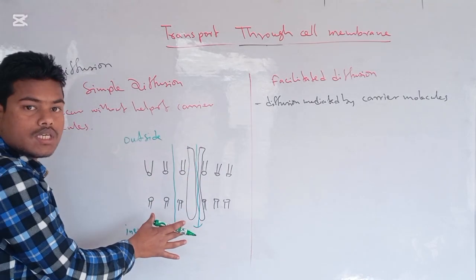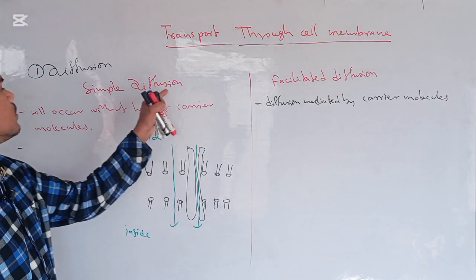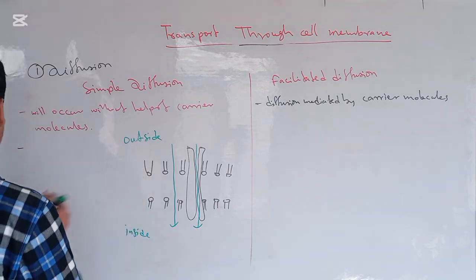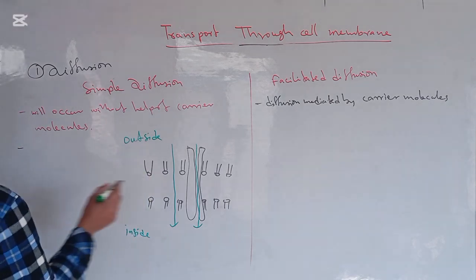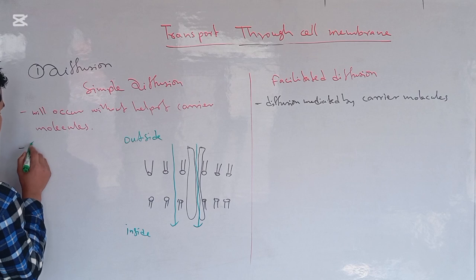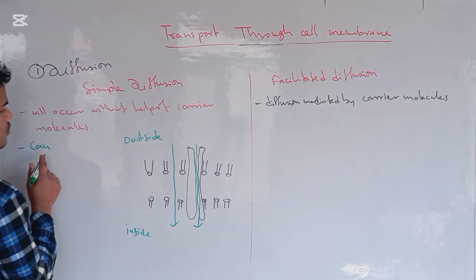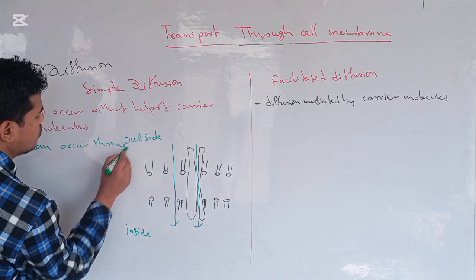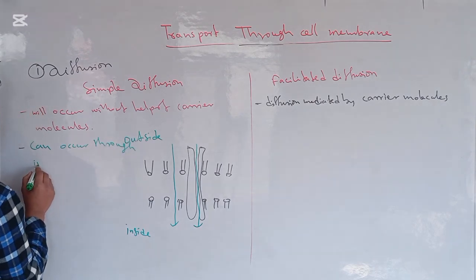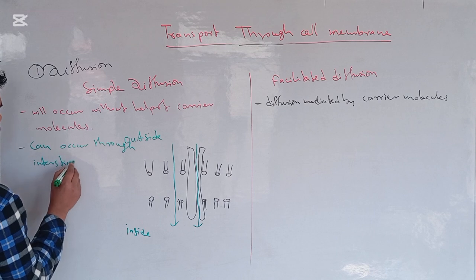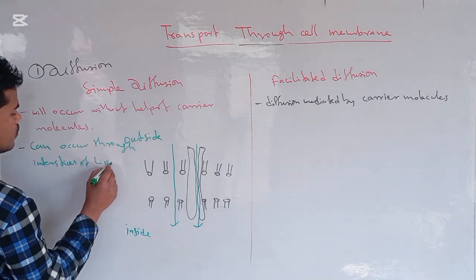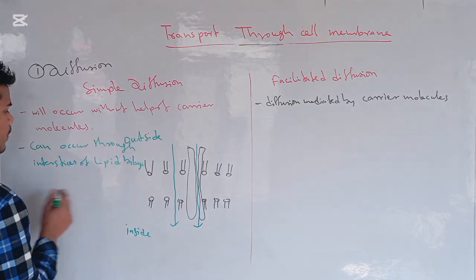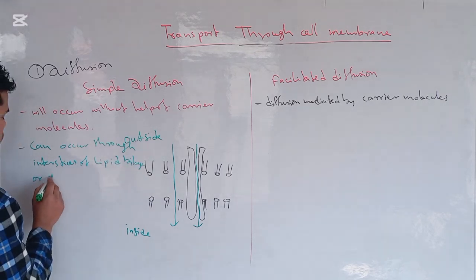Molecules can move by this simple diffusion mechanism. So it can occur through interstices of the lipid bilayer or channel proteins.